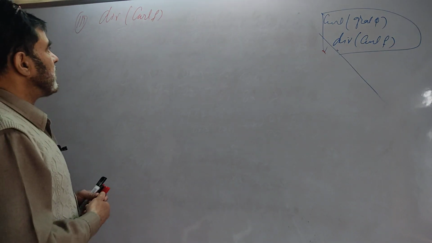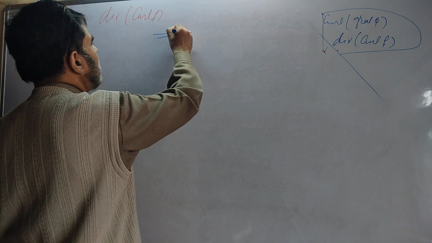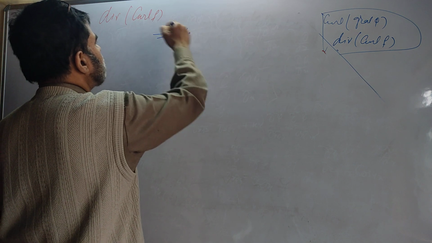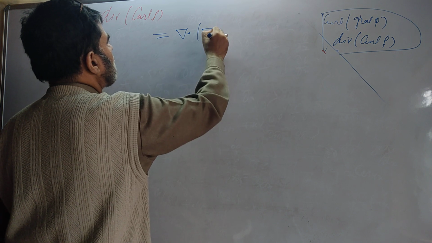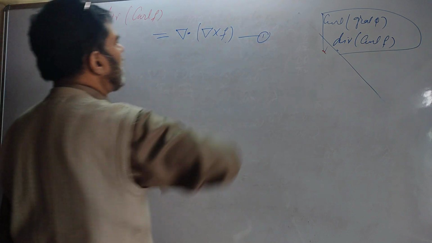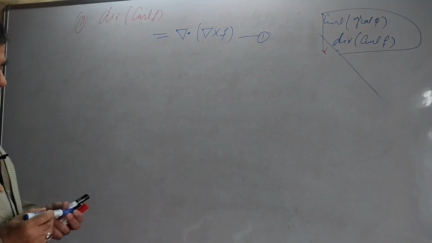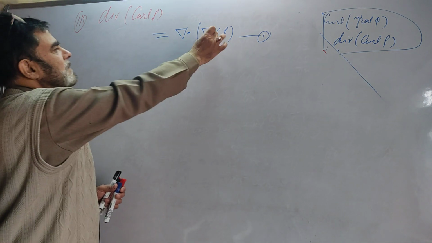Let us have the proof of this. This is actually del dot del cross f. How do we go? Divergence means del dot curl of f, and curl of f is del cross f.